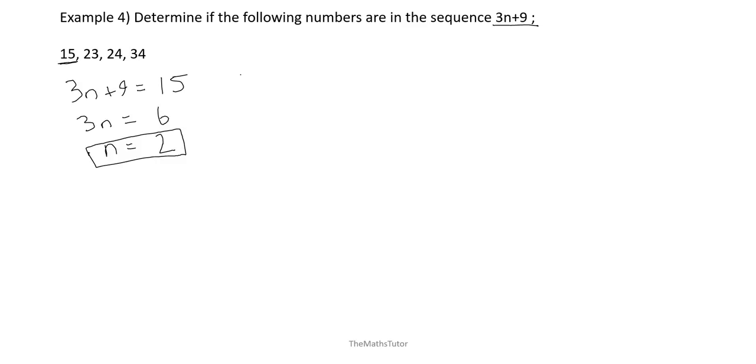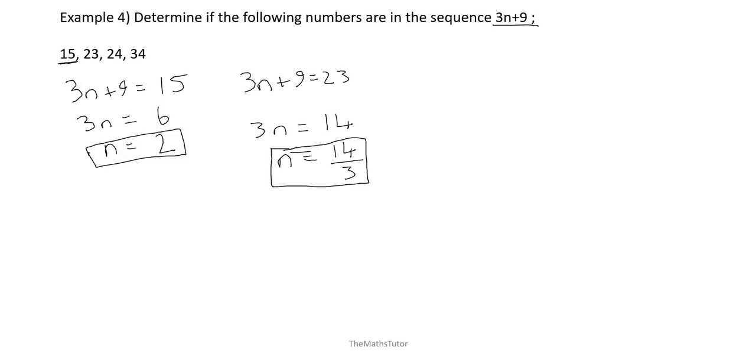If we look at the next one now, the 23, 3n plus 9 equal to 23. Minus the 9 from both sides, you get 3n is equal to 14, and then you get n is equal to 14 divided by 3, dividing both sides by 3. And now you can see that 14 is of course not divisible by 3, so therefore this is not a whole number. So therefore you can conclude that 23 is not part of this sequence.